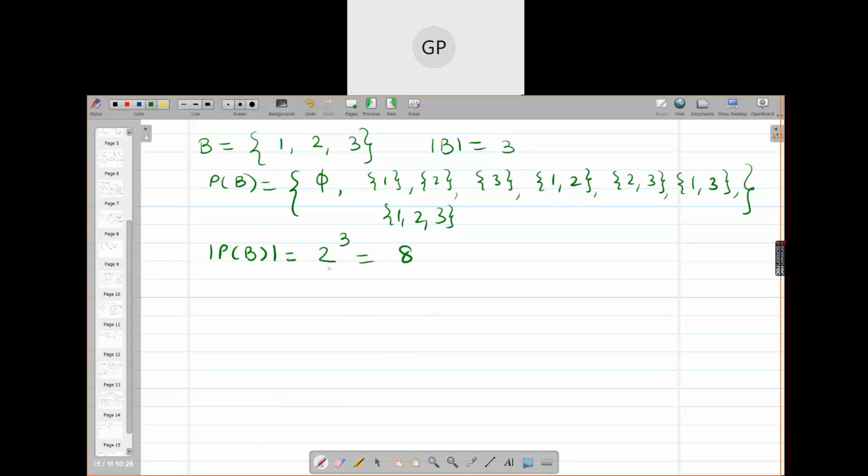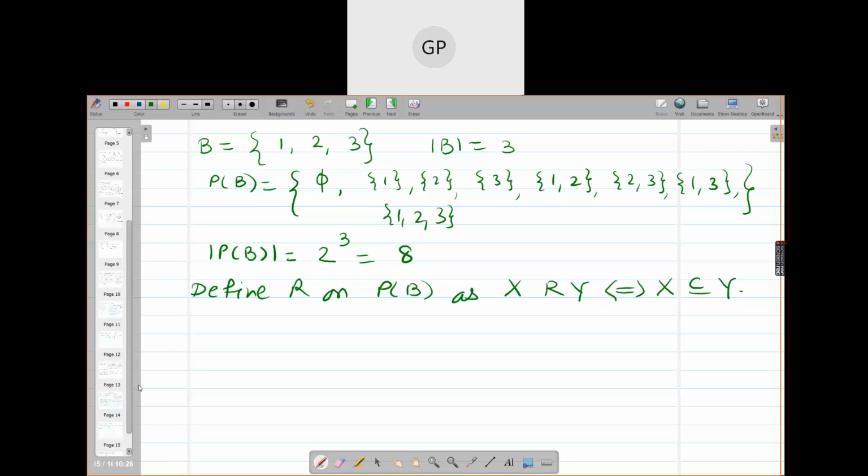Okay. Now we are defining again the same relation. Define R on P of B as X related to Y if and only if X is a subset of Y. Okay. So without writing R, now we can write.